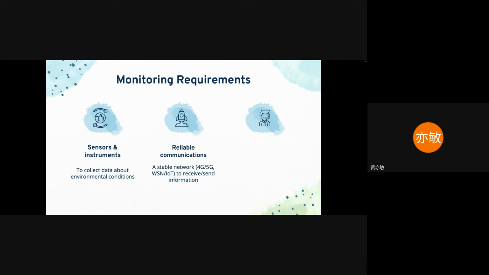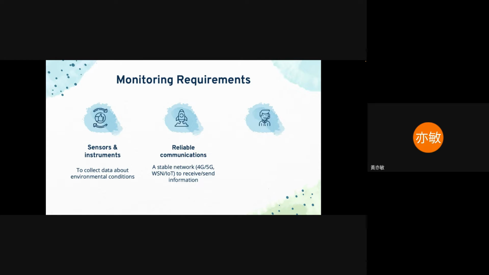The next one, when we try to collect the data, we will face one important question: the communication. We want to send the data from the site to wherever we collect our data. We can send it back to our emergency operations center or to another computer center, for example.